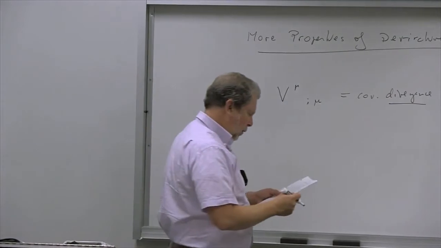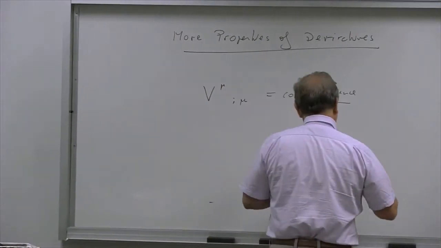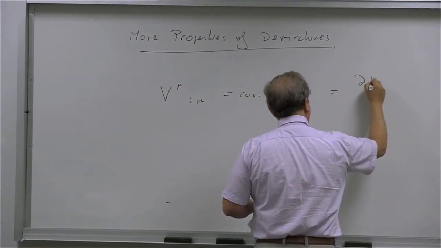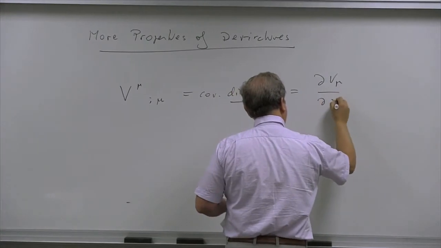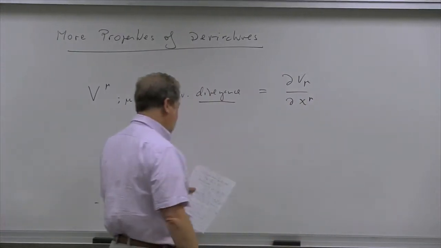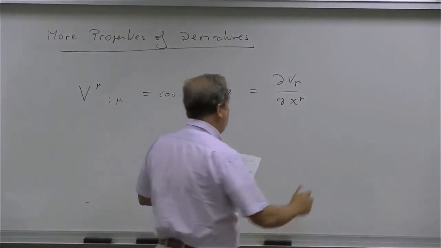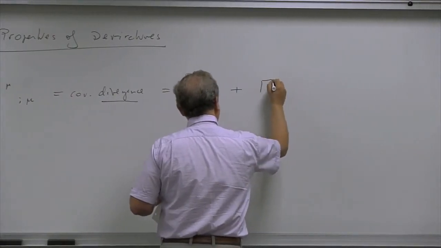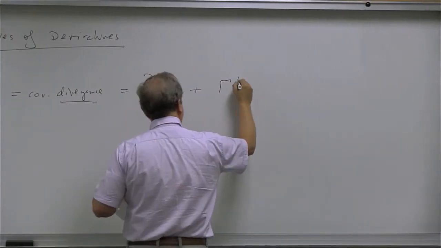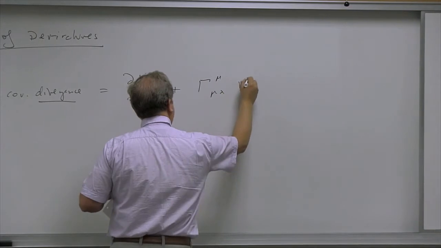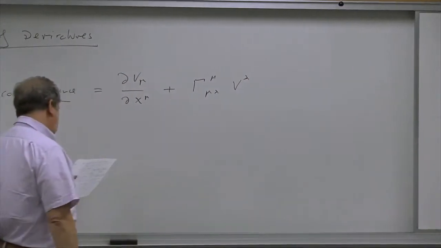And so this is going to be equal to dv mu by dx mu. So now the two indices are the same, and so we also get two indices which are equal in the affine connection. So we get gamma mu mu lambda, and then v lambda, right?